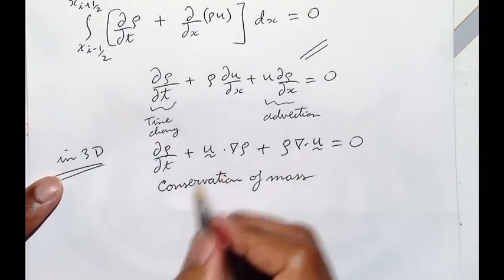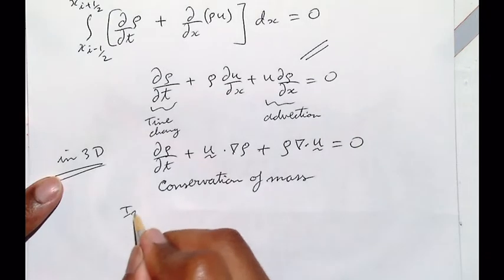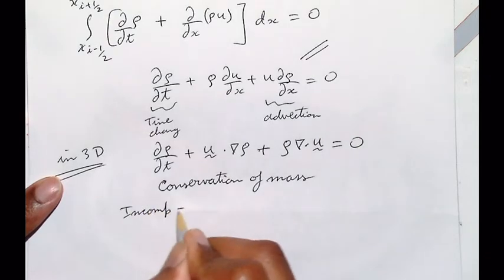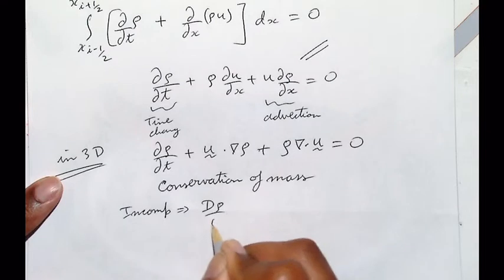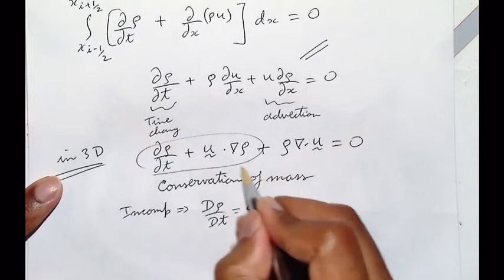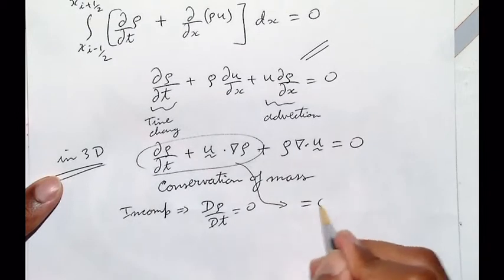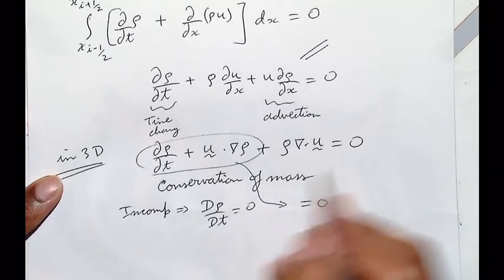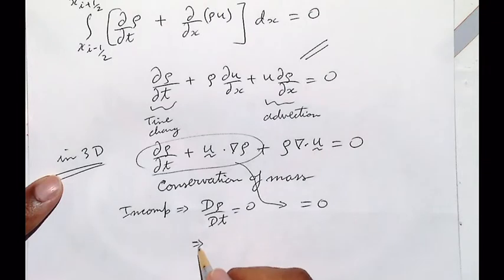If you remember, incompressible means d rho by dt equals 0, which means this term equals 0, which by extension means nabla dot u equals 0.